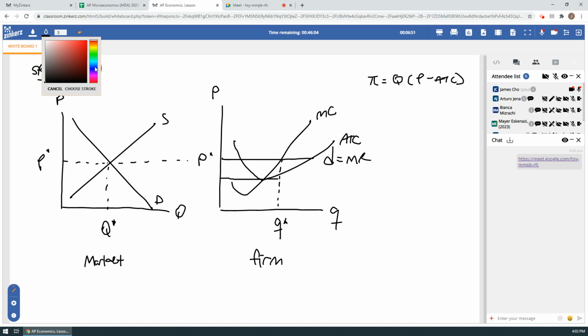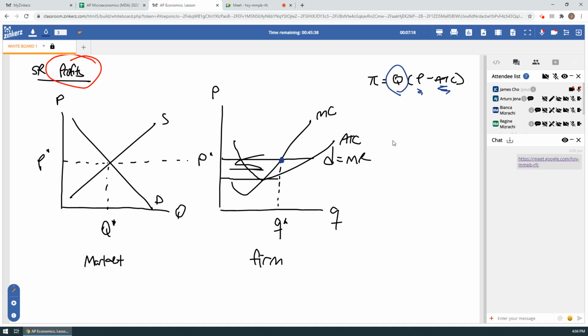So you see that this quantity here, it's referring to this quantity here. I don't care about any other quantity. The reason why you chose this point is that's where your ATC is minimized. But what you have to remember is I'm at this quantity. So at this quantity, I'm going to look for the P. At this quantity, the P is here.